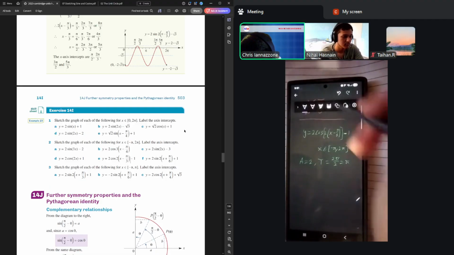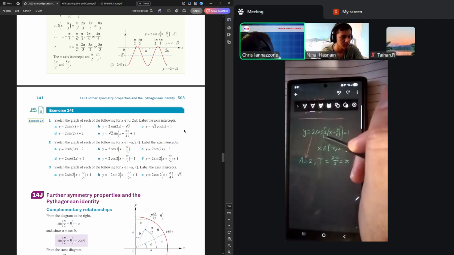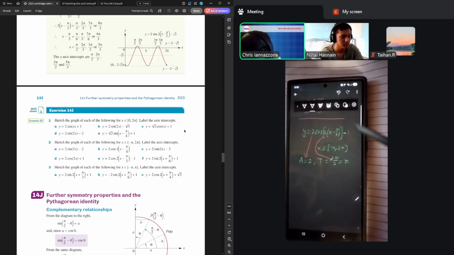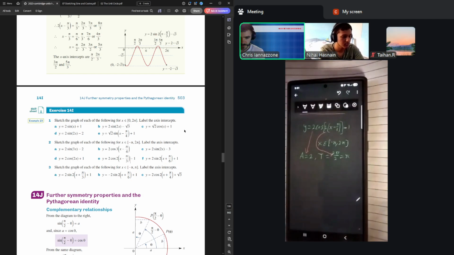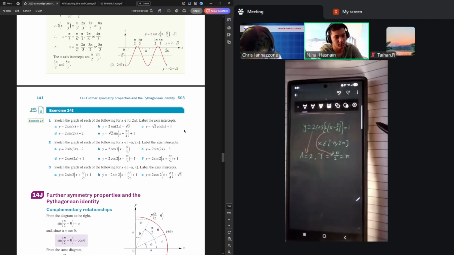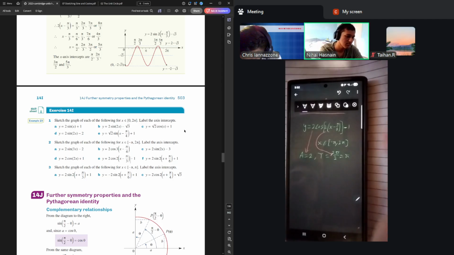So period is pi. And the amplitude being 2, that also came from there. Nice. Okay, got amplitude, we got period. What else? Okay, so the vertical translation is down 1. And the horizontal translation is pi by 3, right? Yep, that's all good.